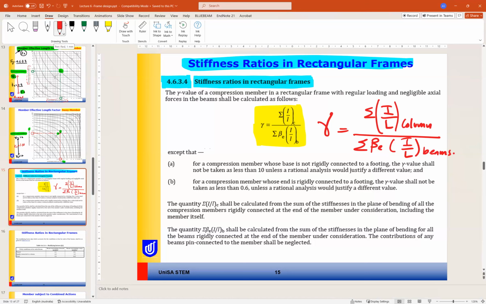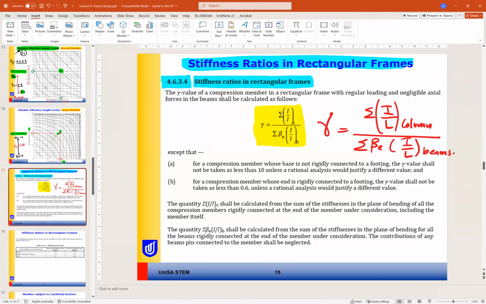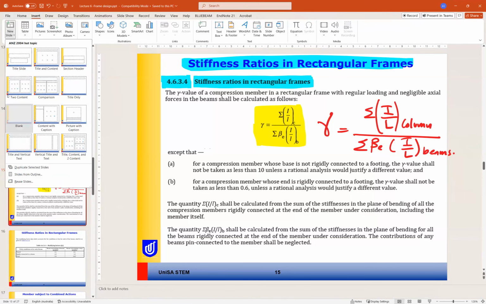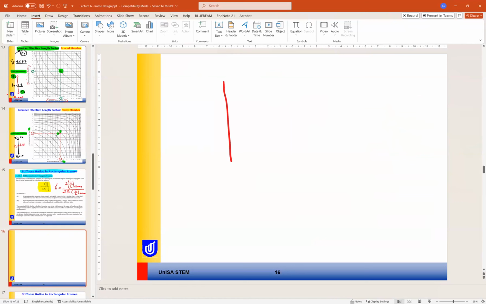Okay, so if we have a column of a frame, let's assume that we have a column in something here.